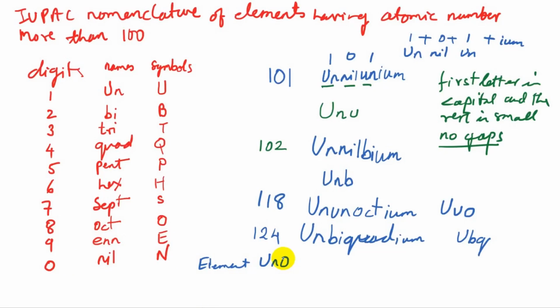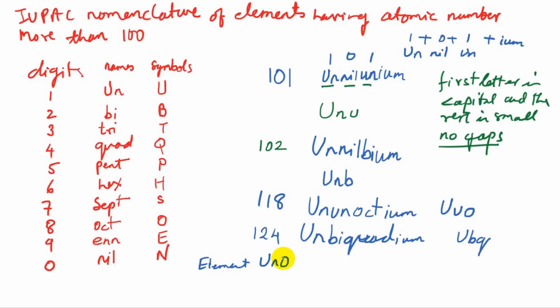What is the atomic number and what is the name? Atomic number is 108 and the name is Unniloctium.